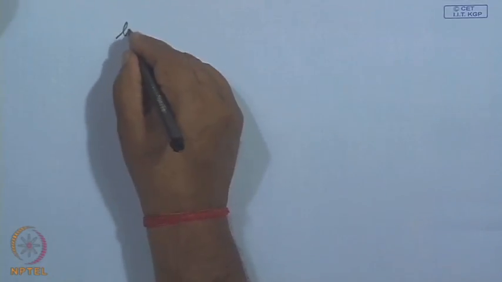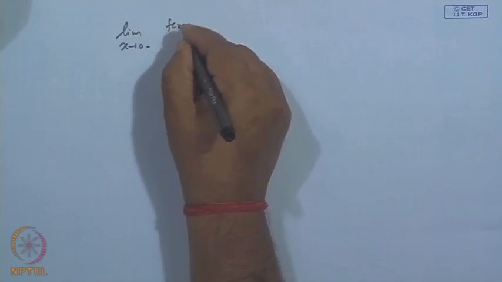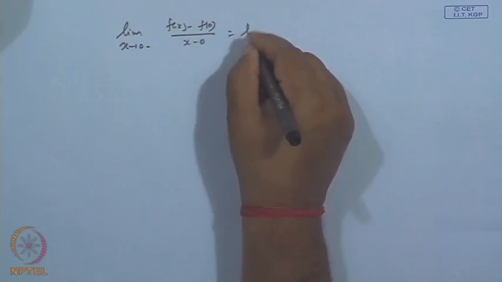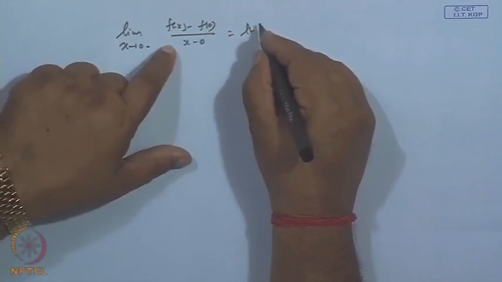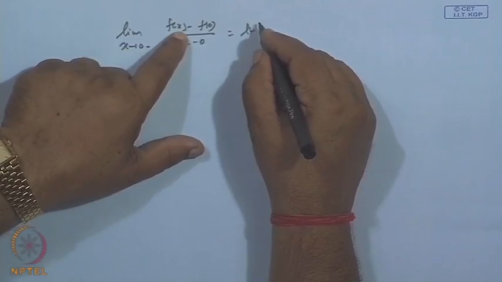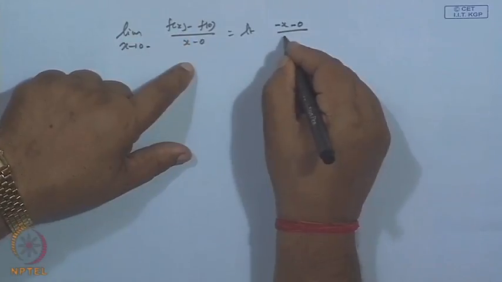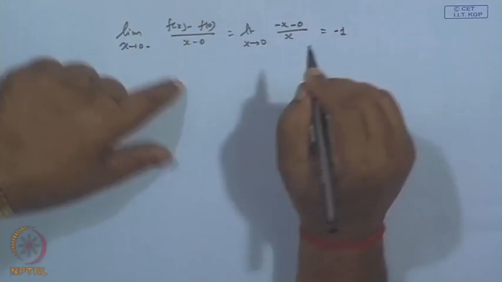When x tends to 0 from the negative side, f of x minus f of 0 over x minus 0: f of x equals mod x, which is minus x when x is negative. So, it is minus x divided by x as x tends to 0, and that comes out to be minus 1.